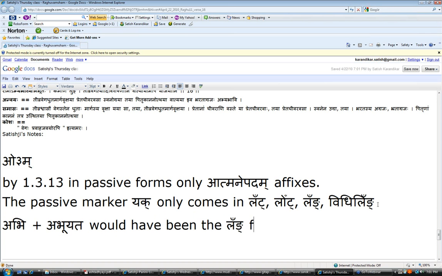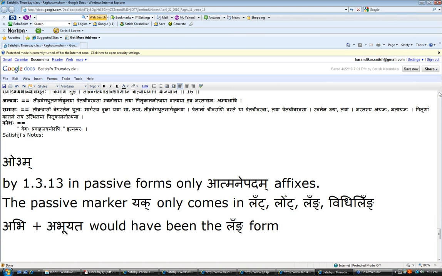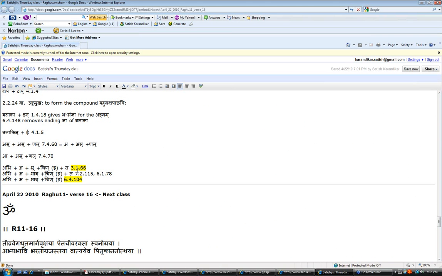Now, last time I mentioned these two rules which are used to form this form. And this is a very special form which is only reserved for the third person singular passive. And the two rules are chin bhava karmanoho and chino luk. Chin bhava karmanoho is that the ta shabde, which is the third person singular ending in Atmanepadam, and if it is in the passive bhava karmanoho, then chin overrules the other default pratyayas in the lung lakara.